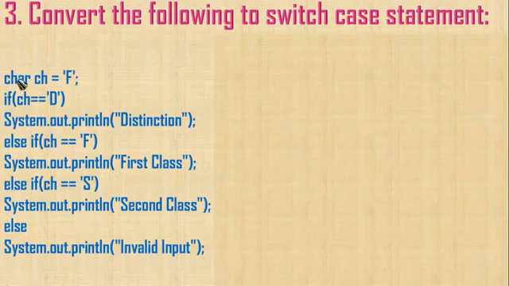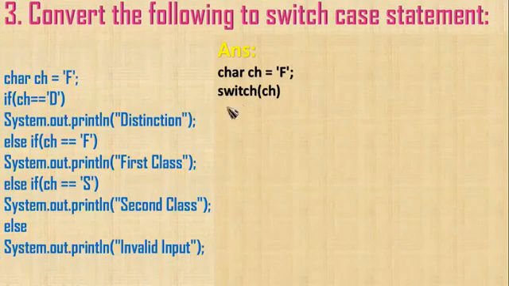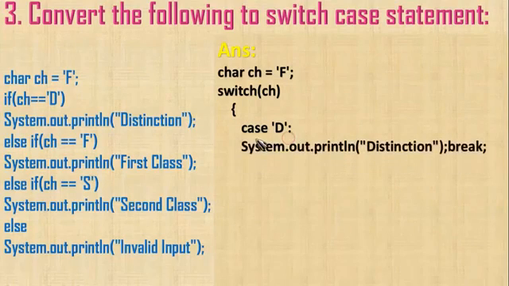So let us just initialize this and then CH is equal to D. So the CH is only the switch variable here. So we will give switch CH and then we will open the braces. So now for case D, this will be the printing statement.